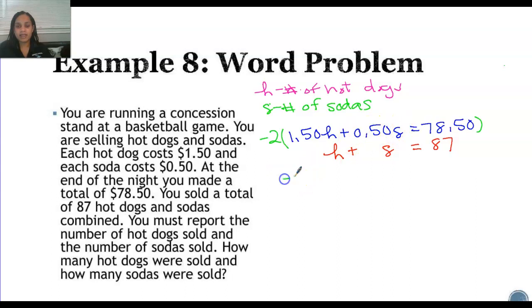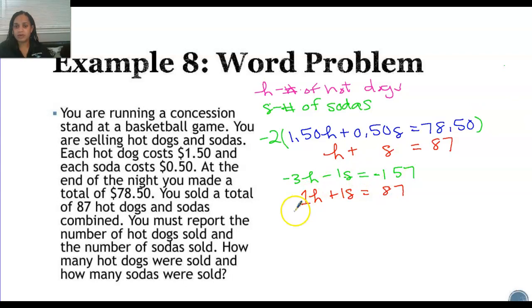So I would have -3H minus 1S equals -157. And then my second equation, I can put 1H plus 1S equals 87.